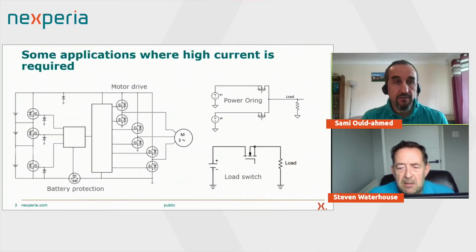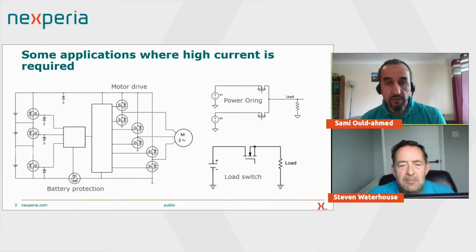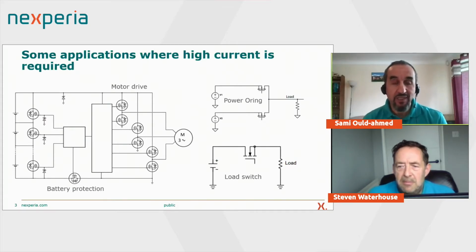Thank you, Stephen. We have listed some of the applications here. By no means is this the full list, but pretty much similar configurations of MOSFET are shown here where high current is necessary. For the motor drive, power in kilowatt terms is commonplace now, and therefore high current is of relevance.